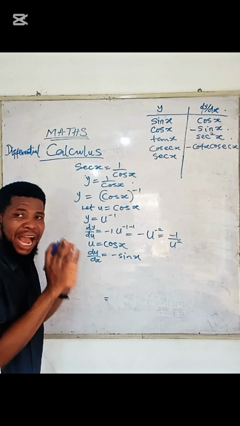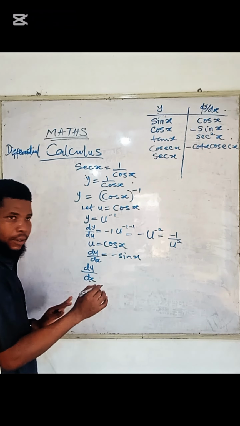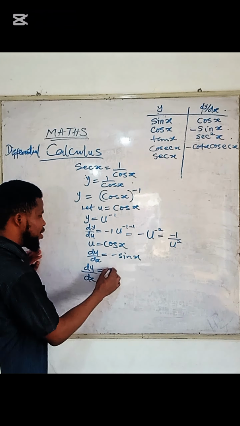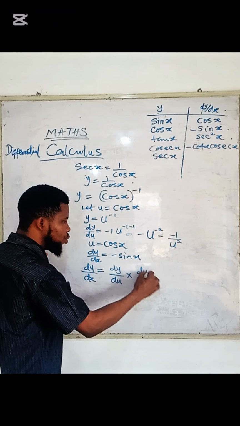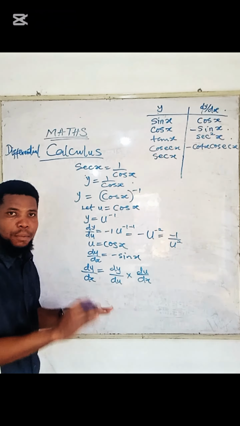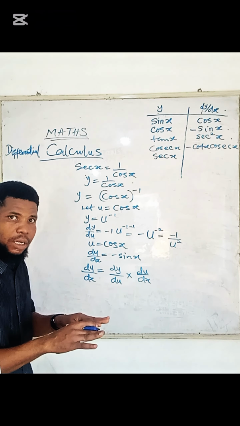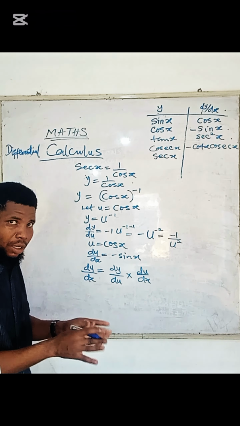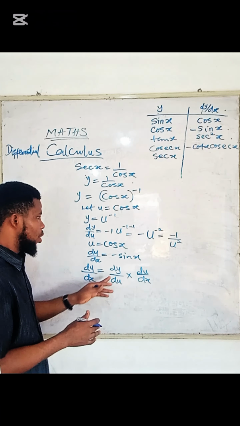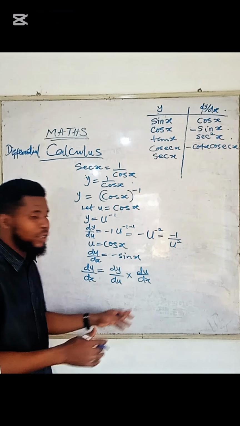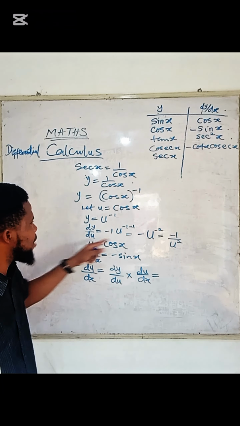Now, after you differentiate this, you're going to do dy/ds. dy/ds is dy/du multiplied by du/ds. This is a more comprehensive way of understanding this. Are you getting it now? So what is dy/du?